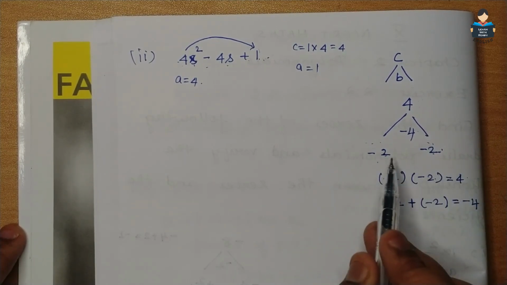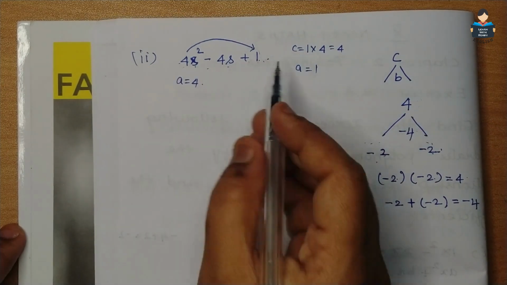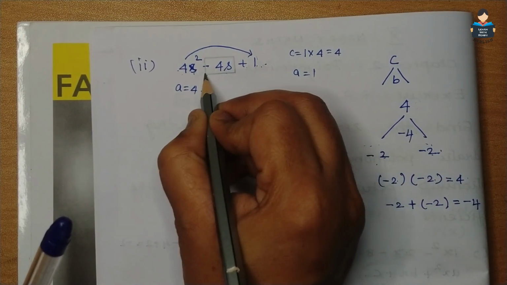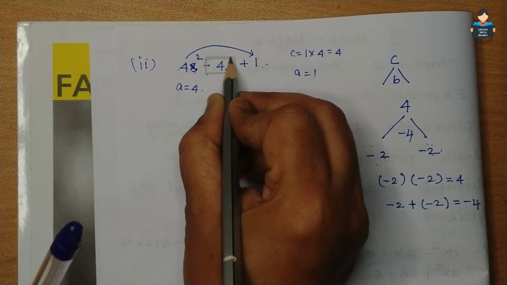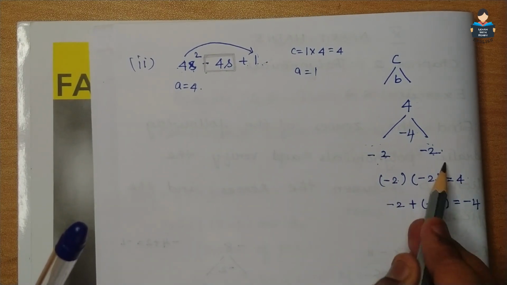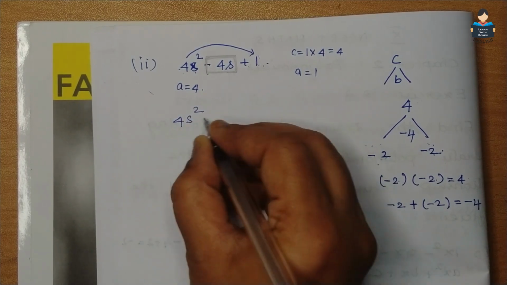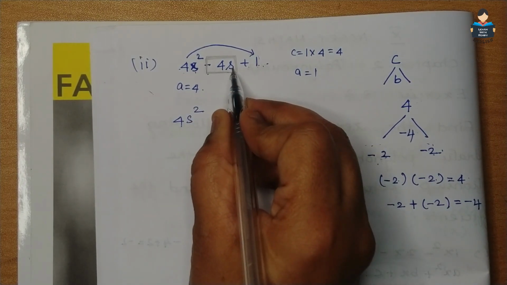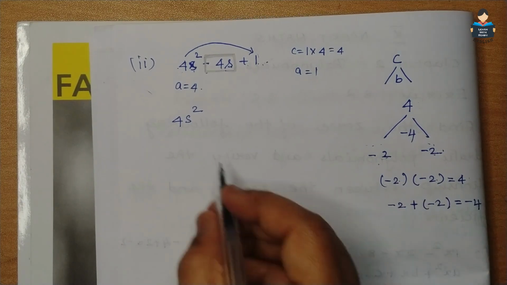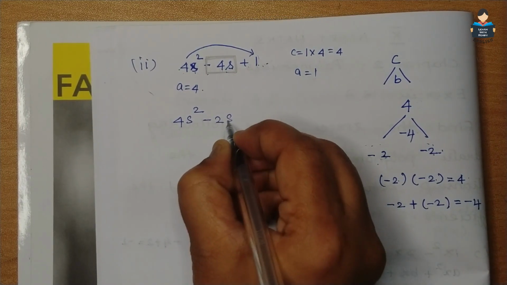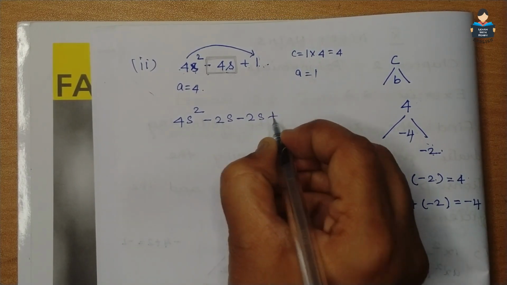Now I am going to use minus 2 and minus 2 in place of this value, that is minus 4s. So 4s square minus 4s, in place of minus 4s I am going to put minus 2s minus 2s plus 1.